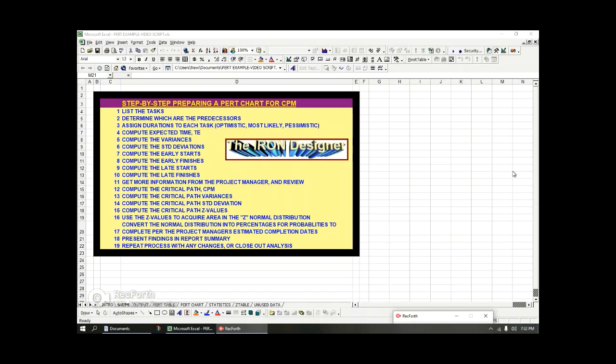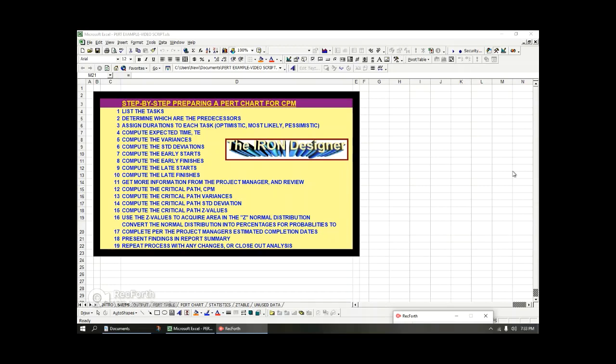What that is, it's a formula, and I'll get into it when we get further into the spreadsheet, but it takes each of the three components and adds them together and divides and gets some kind of average with the greatest weight on the most likely scenario. So that's computing the expected time.